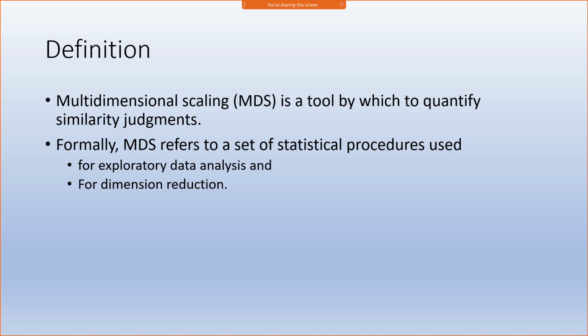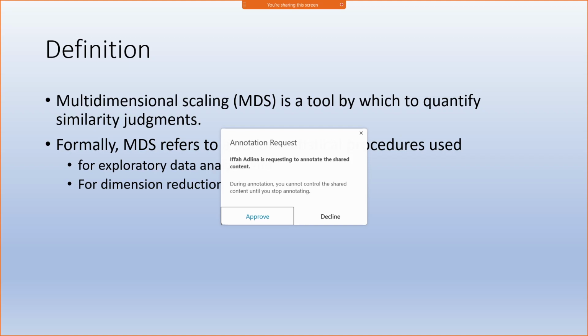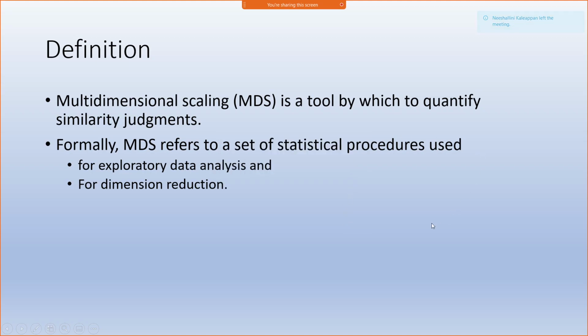How many groups are together, and how many groups are further away from other groups. So you can see kind of clustering. At the same time, you can do dimension reduction from 60 columns or 60 variables.